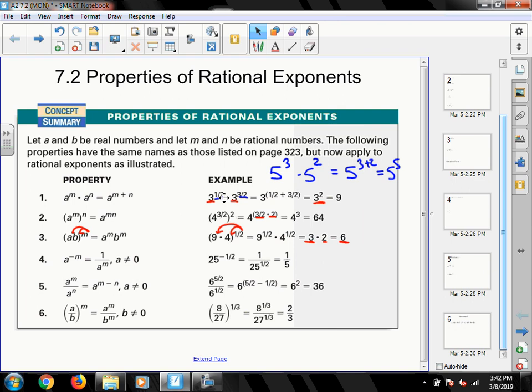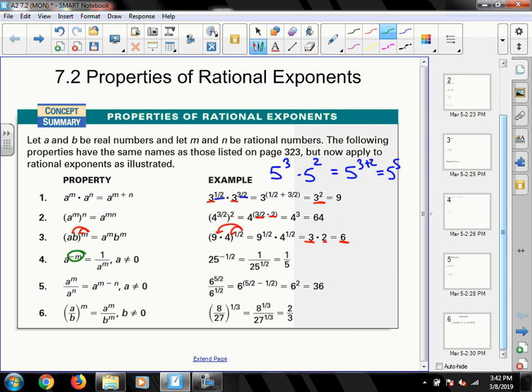Negative exponents. We always want positive exponents. We talked about that in the last chapter. If I have a negative exponent, that just tells me that the base is in the wrong position in the fraction. If it's up top, like in a to the negative m, it needs to go to the denominator, so I just have 1 over a to the m.